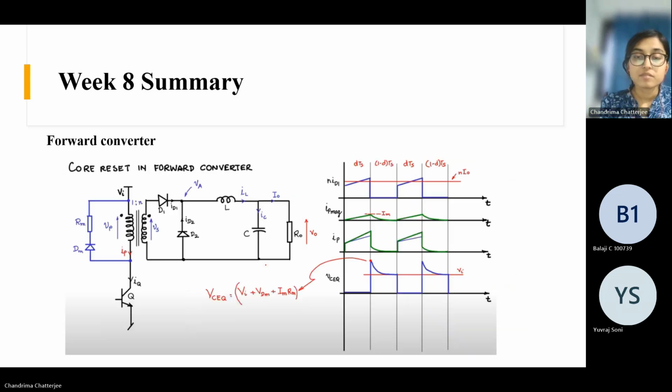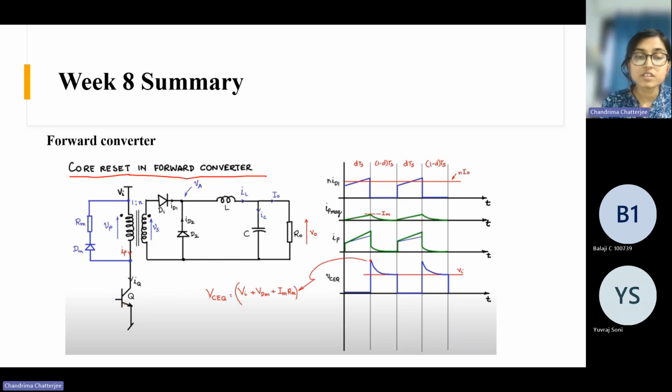Now, the thing that I was talking about is the core reset. How we will do the core reset? You know that for a transformer, there is one magnetization current and there is one load reflected current, right?